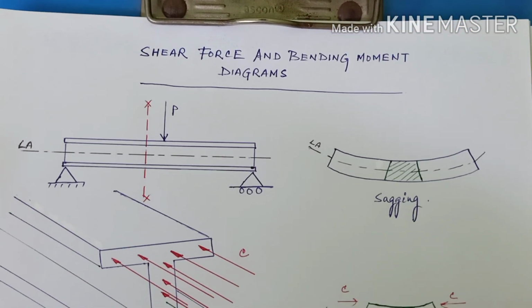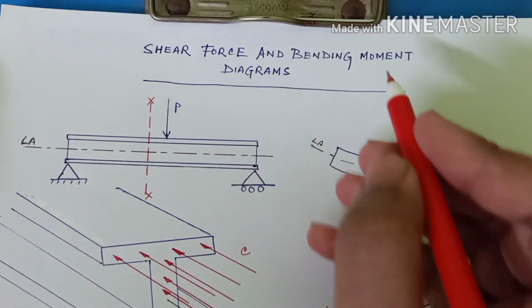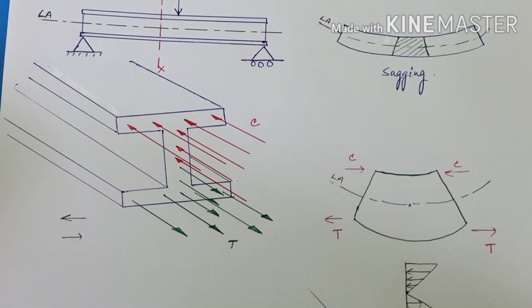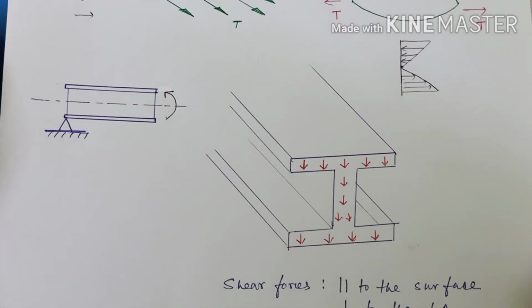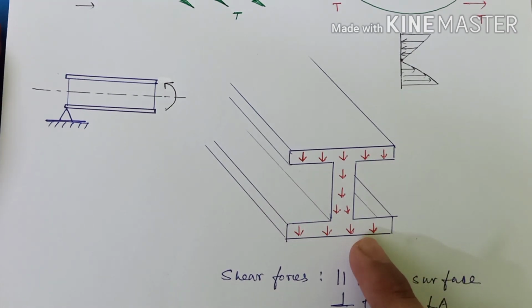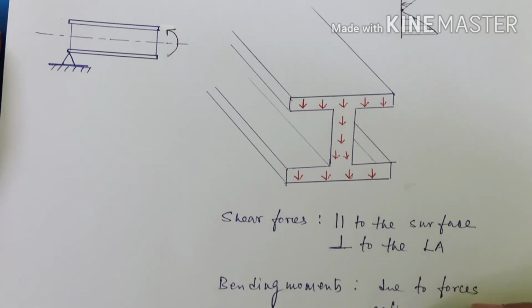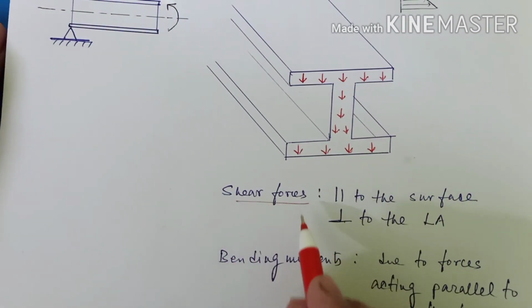So in the topic of shear force and bending moment diagram, we now know what is bending moment, which is a moment caused due to bending, right? This is the first one. And the second phenomenon which is happening is this shear force, okay? So if you want to distinguish between bending moment and shear force, this is the thing.